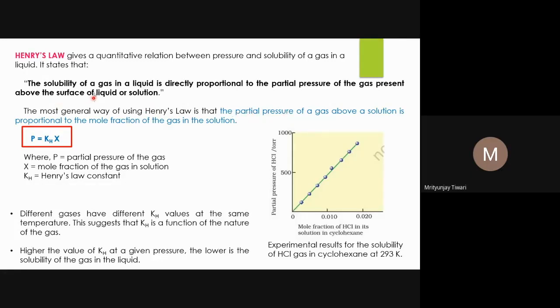Henry's law states that the solubility of a gas in a liquid is directly proportional to the partial pressure of the gas present above the surface of the liquid or solution. It means if you increase the partial pressure of the gas, the solubility of that gas will increase proportionally.